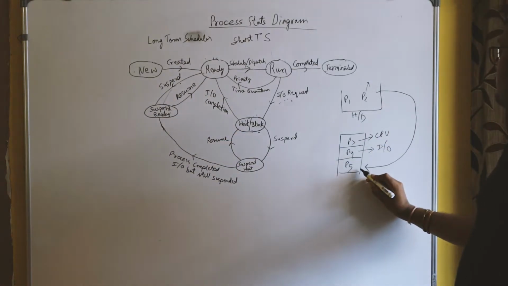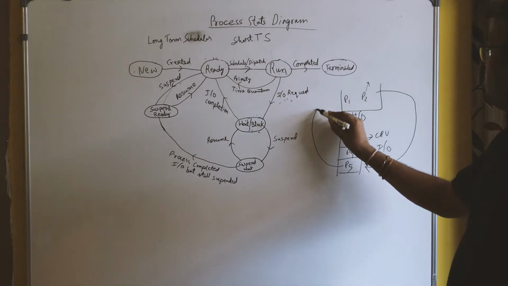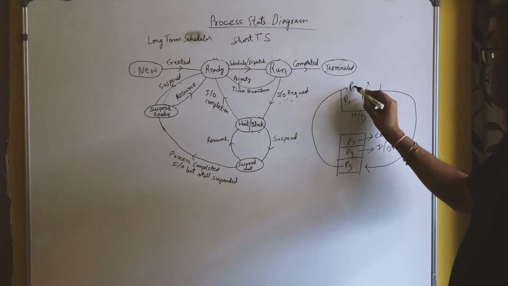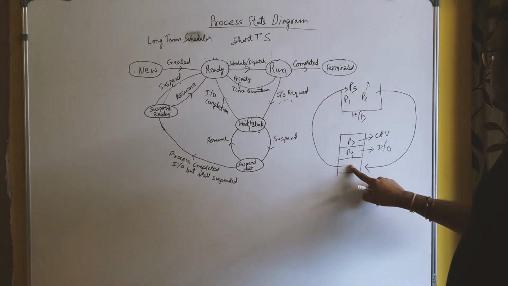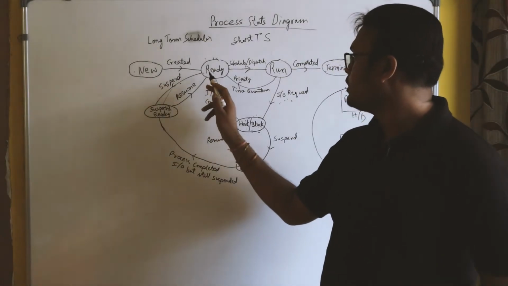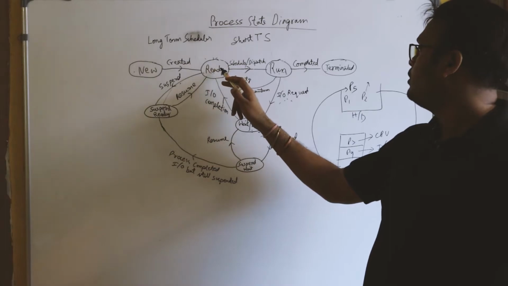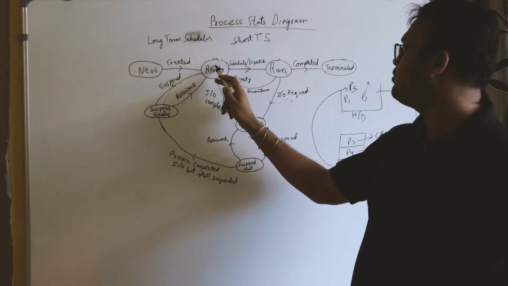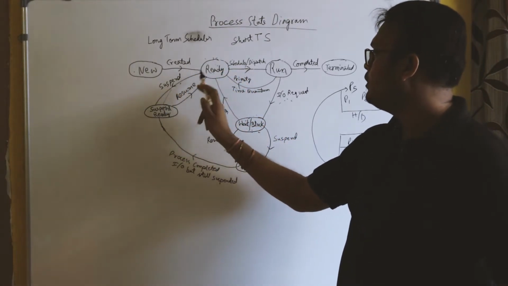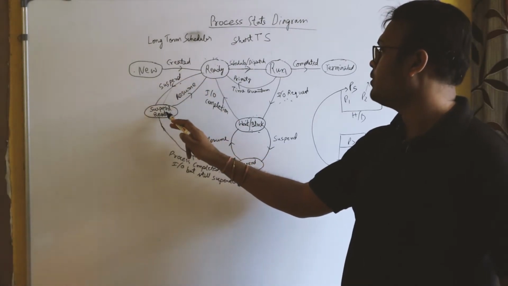Maybe P5. P5 is in a ready state, so P5 will be suspended and moved back to the hard disk. Now empty space is created. So there is a transition from ready to suspend ready. Initially P5 was in a ready state, now P5 is suspended, and there is a transition for P5 from ready state to suspend ready.